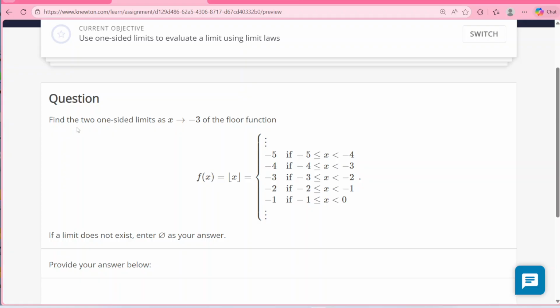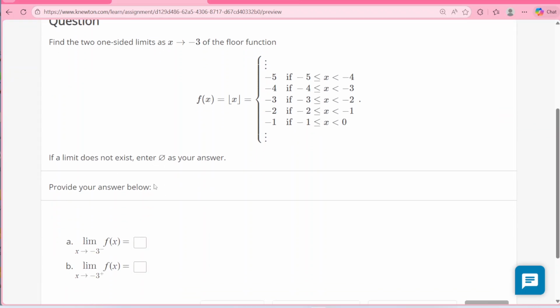So use one-sided limits to evaluate a limit using limit laws. Find the two one-sided limits as x approaches negative 3 of, this is called the floor function. So we want the limit as x approaches negative 3 from the left, and the limit as x approaches negative 3 from the right.